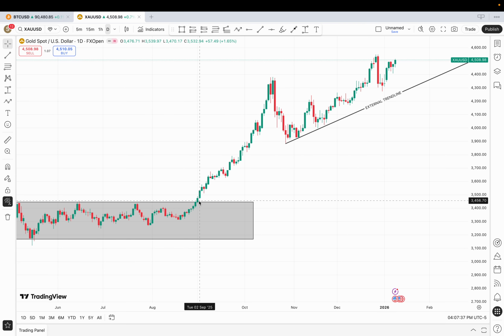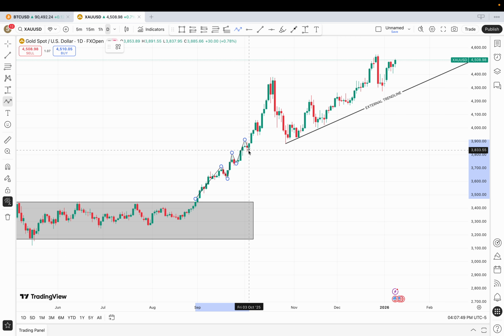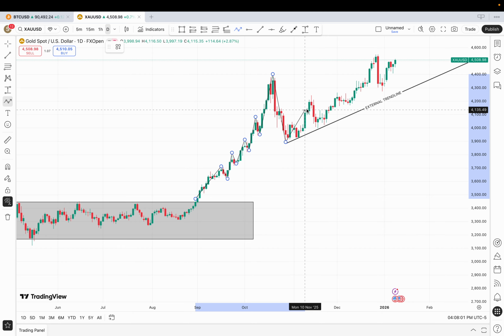If you look here, after it broke the structure, it came higher high, higher low, higher high, higher low, higher high, higher low, higher high. Then it came back here to form another higher low.